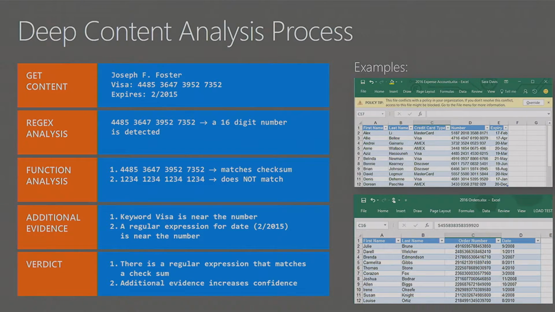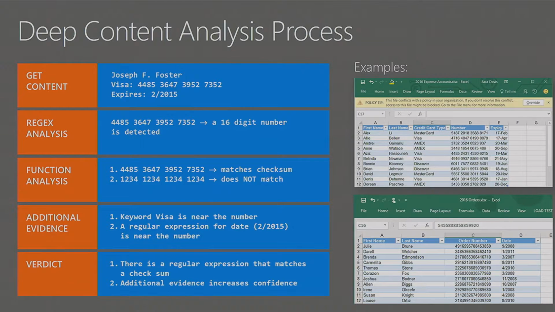But we're not done there. Credit cards have checksums, so we will detect matching credit card checksums and rule out the other ones, all for the purpose of minimizing false positives. Next, we'll have corroborative evidence, or additional evidence, within the proximity of the actual content. We'll apply proximity algorithms to further filter out content that doesn't look valid.